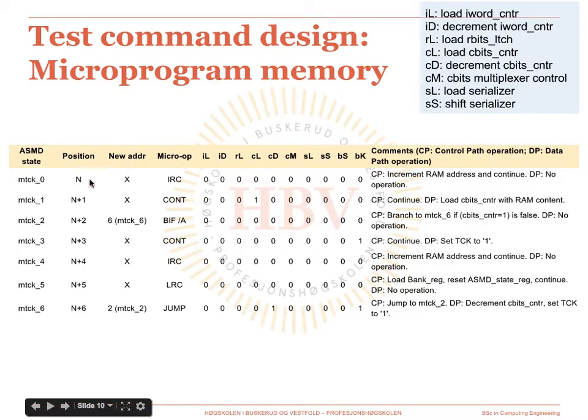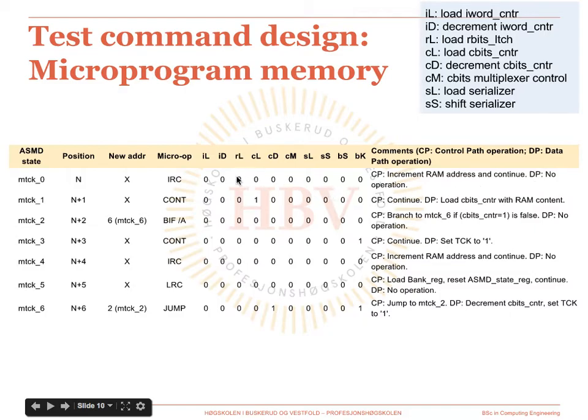Notice that for each state, in this case MTCK_0 to MTCK_6, we need to specify what must happen in the control path. Under the comments column you see what happens in the control path, and also in the data path as well.